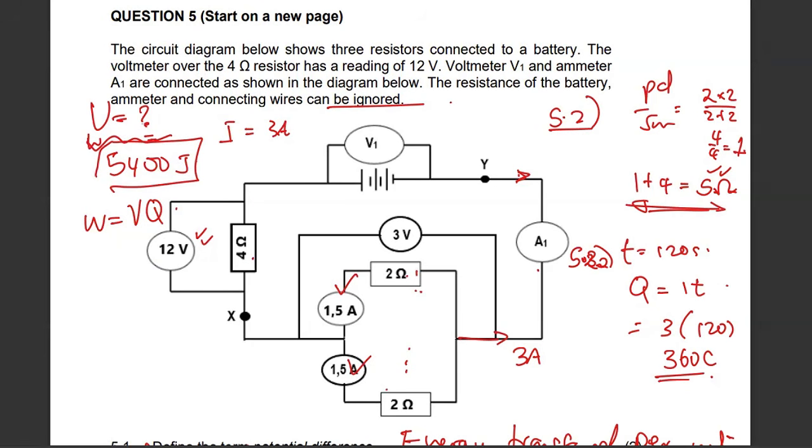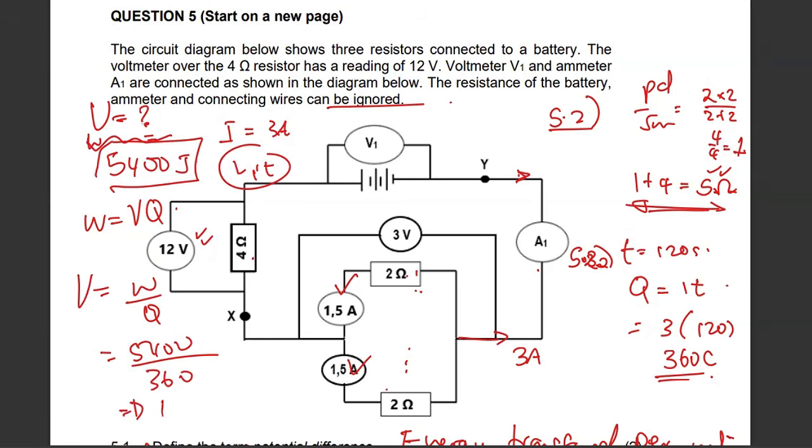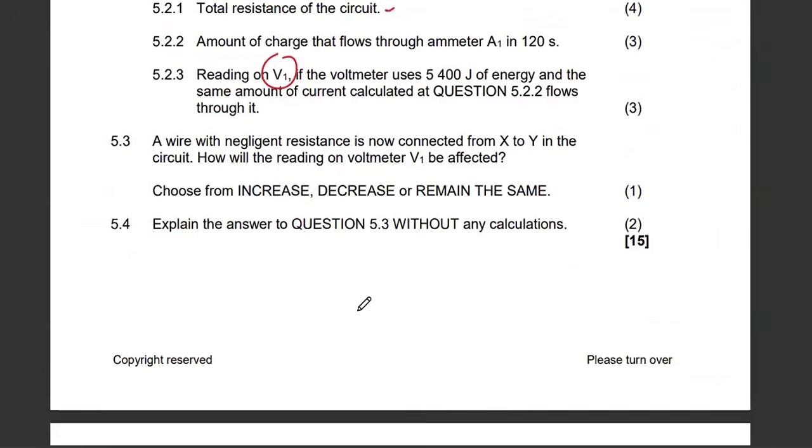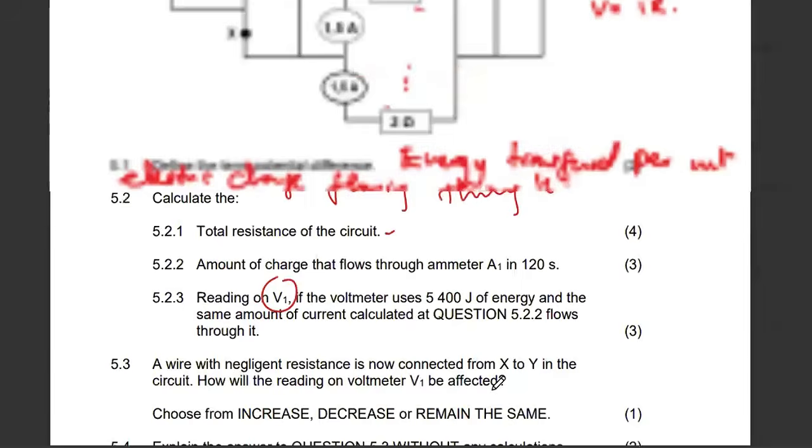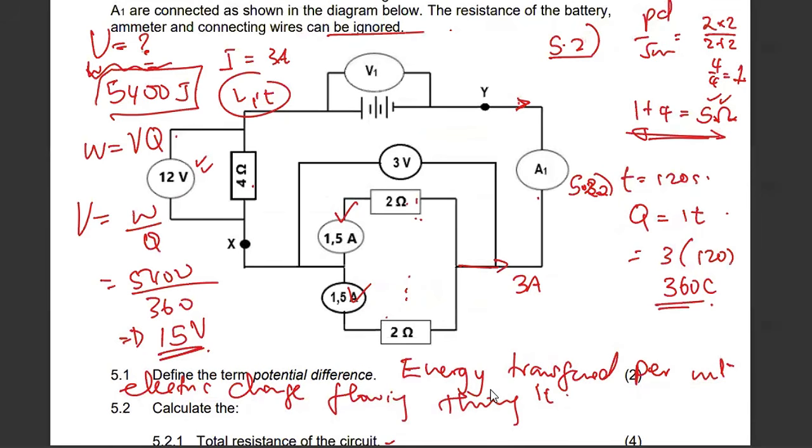We know that our V is going to be W over Q. I don't want to use VIT because we don't know the time. So the work done is 5.4 over the 360, meaning that the voltmeter reading there is going to be 14 volts.